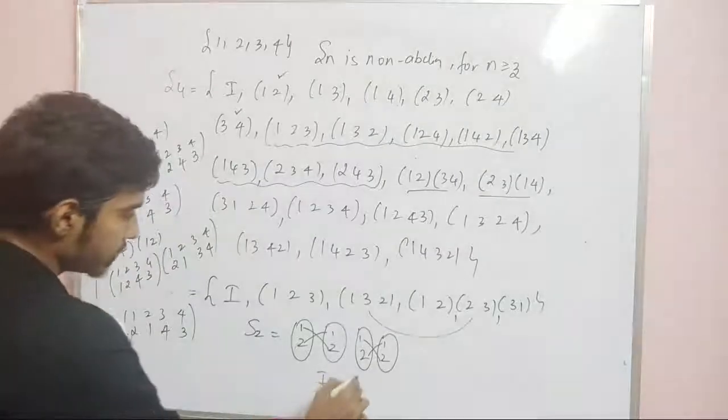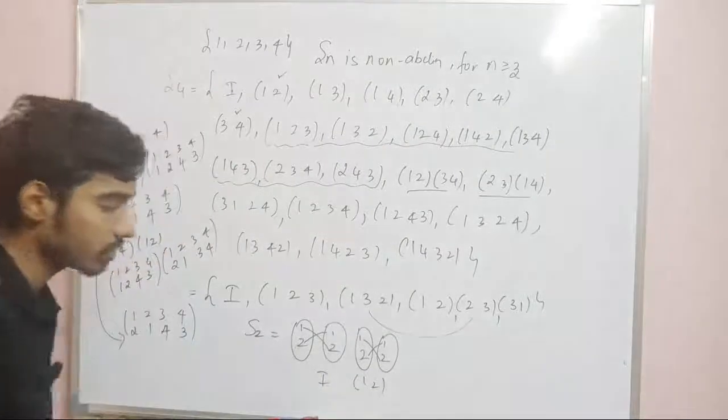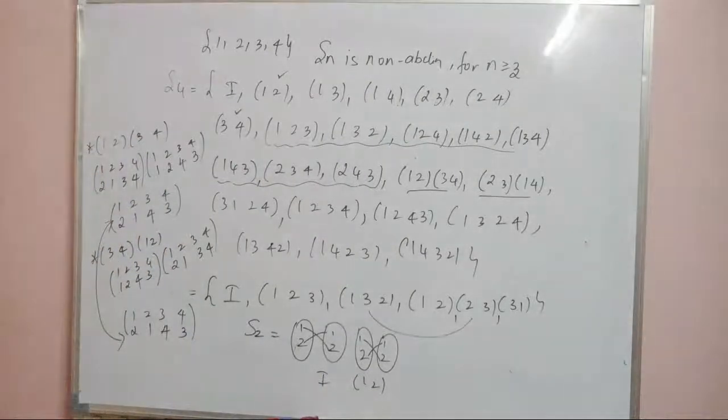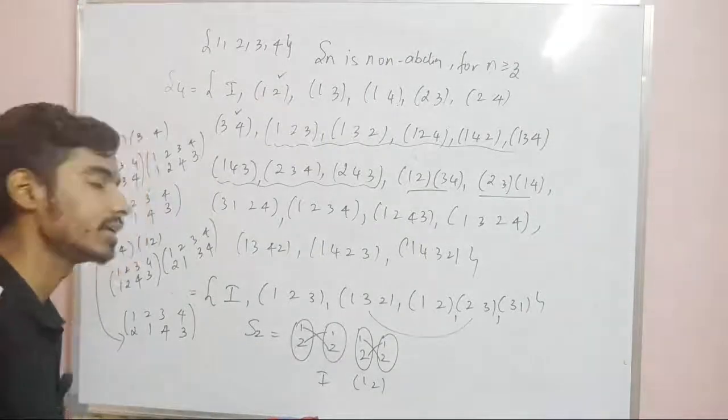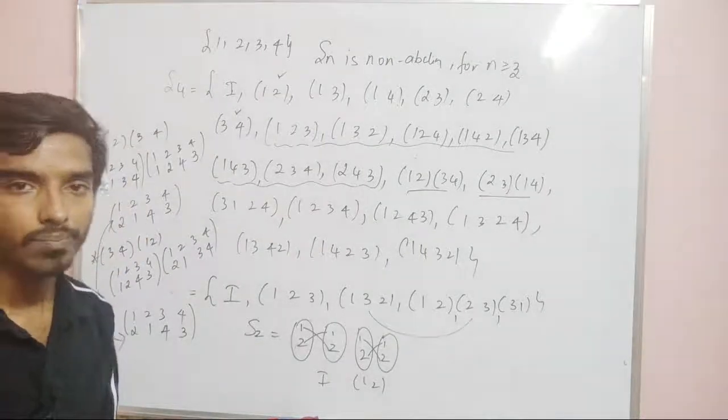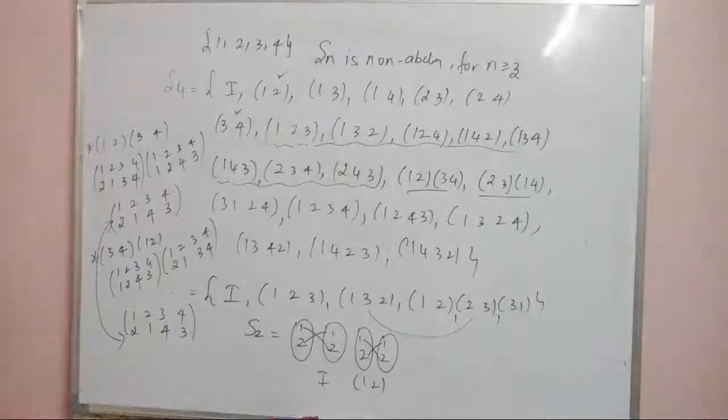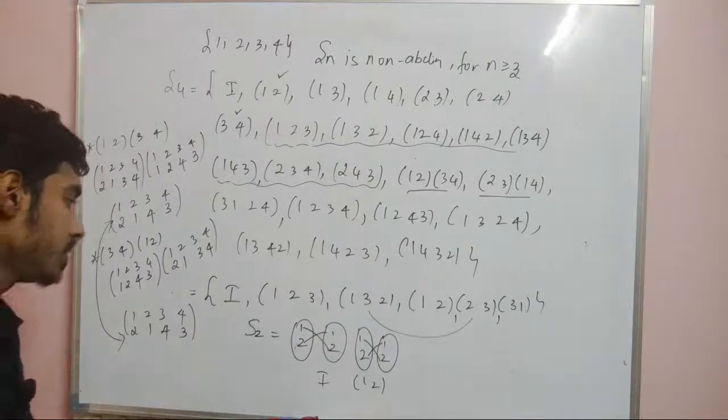So this is I and this is (1 2), and we know that a group of prime order is always abelian. We will discuss that later. So since 2 is a prime, a group of order less than or equal to 5 will always be abelian, right?